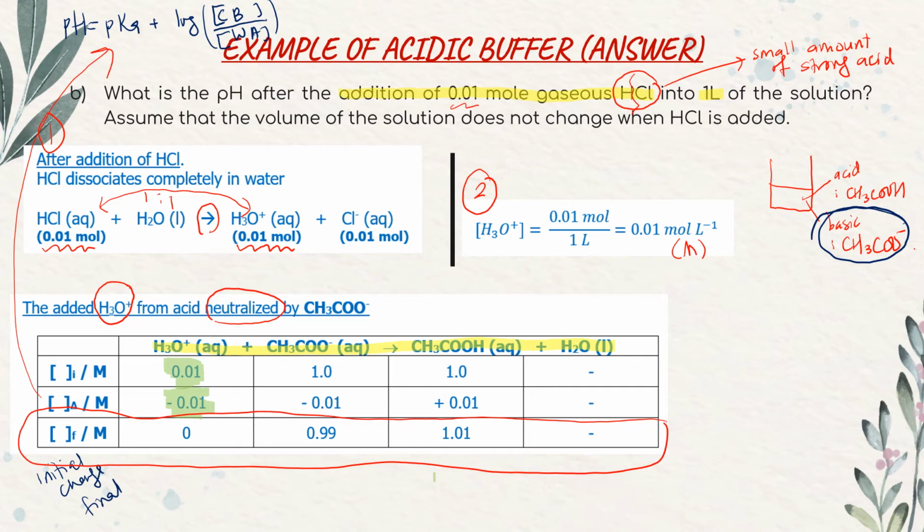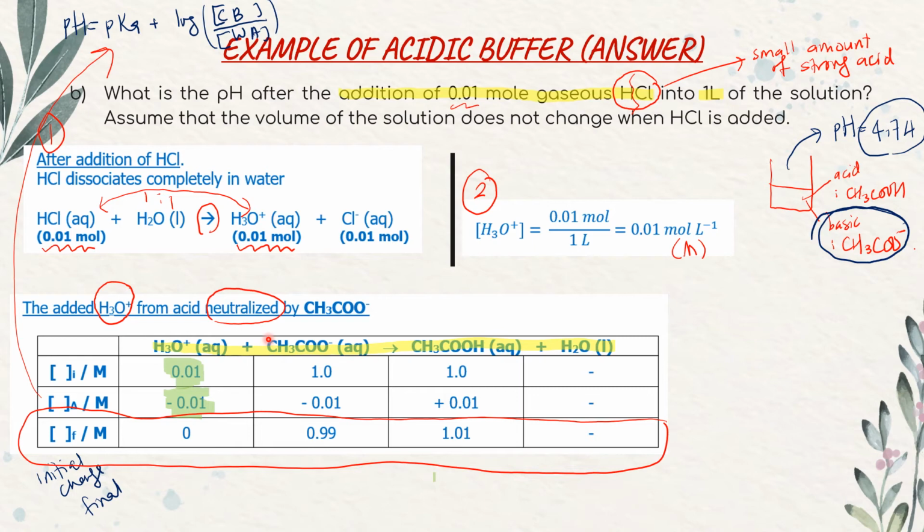So remember, we already calculated the pH of the system, which was 4.74. Normally when we add acid, the concentration changes, so the pH will change. But because we have a buffer system, the buffer system neutralizes the H3O+. And this is the best part, where you can see that the pH is maintained.